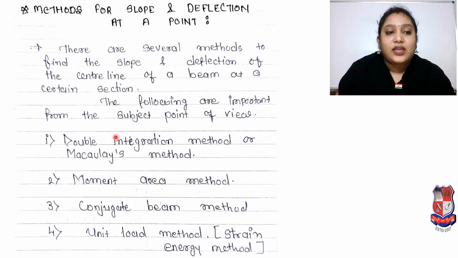The following are important from the subject point of view: double integration method or Macaulay's method, moment area method, conjugate beam method, unit load method, or strain energy method. Today we are going to discuss Macaulay's method.